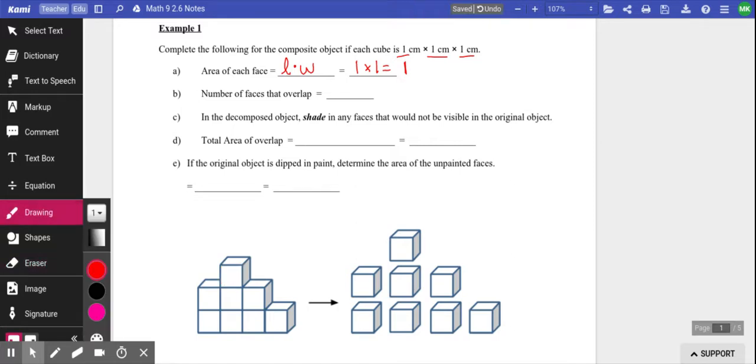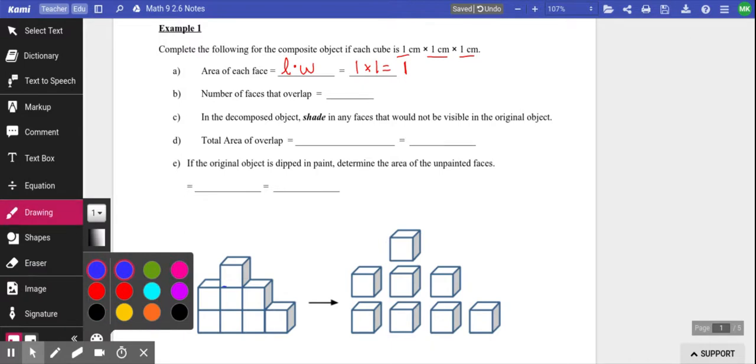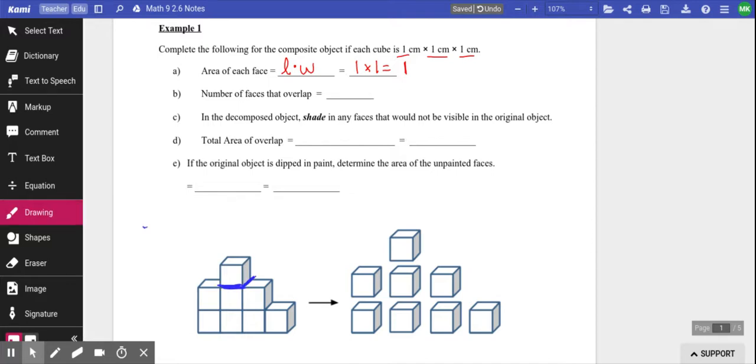So on the top, in the blue, if I imagine this face right here where this blue line is that I'm drawing, it's kind of back there, right? That's two faces against each other. If I'm looking at it over here in the exploded view, it's this guy that I'm coloring in blue. That would be one face that would be overlapped.